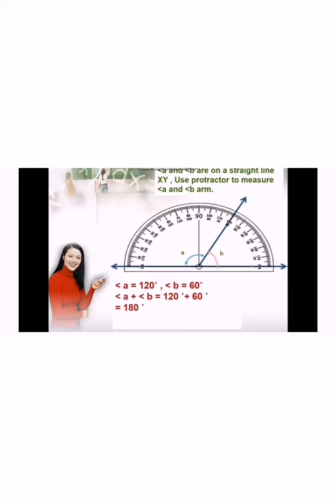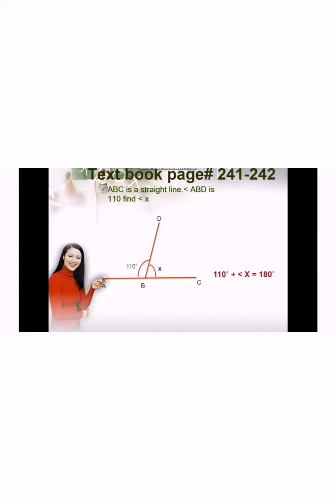When two angles meet on a straight line they add up to 180 degrees. So 120 plus 60 is equal to 180 degrees. So it is proved that angles on a straight line add up to 180 degrees.